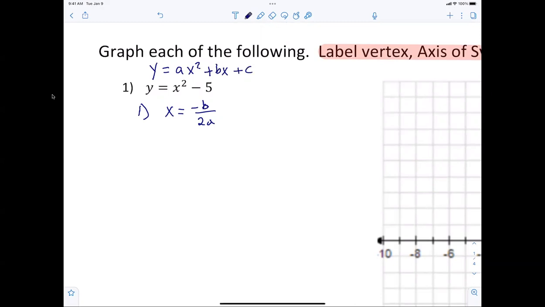Remember, b is the number in front of the x value. Is there an x value in this case? No, so b is what? 0. So we just simply say 0 over 2 times 1, which is what? 0. So x equals 0 is your axis of symmetry.